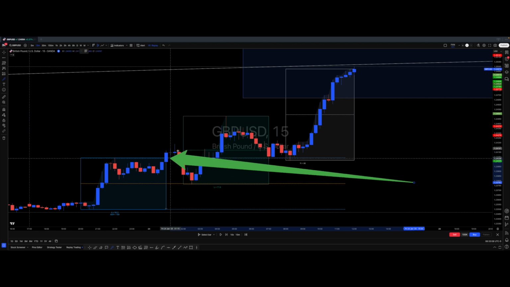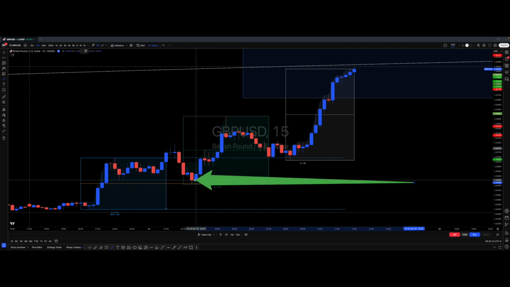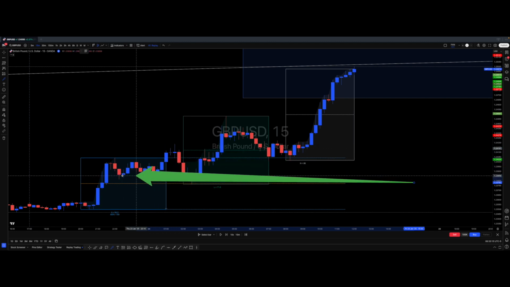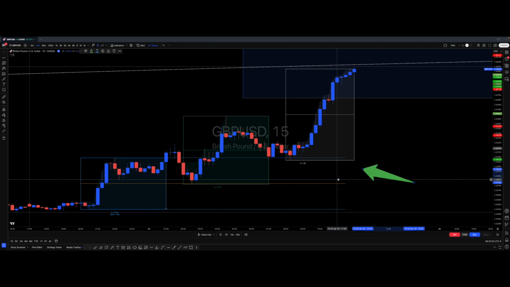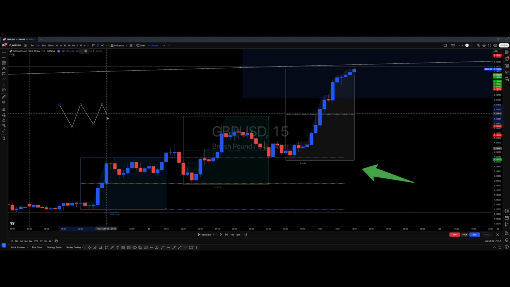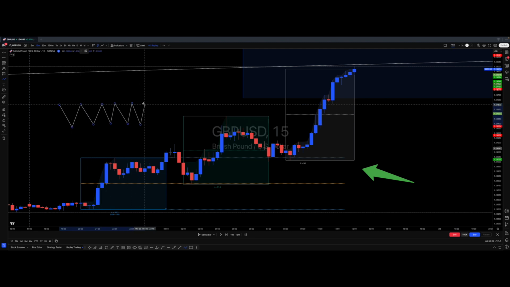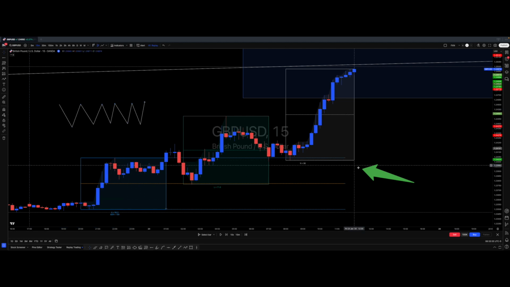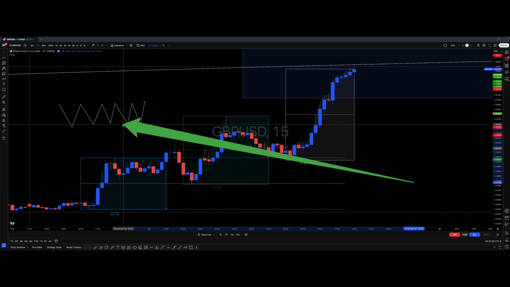Get people stuck in trades here, comes back, retest these lows again, get orders that are sitting here. One thing you have to understand, okay, is that when the market is consolidating, it doesn't matter where it's at. When there's consolidation, okay, there's going to be orders that are sitting above and below.